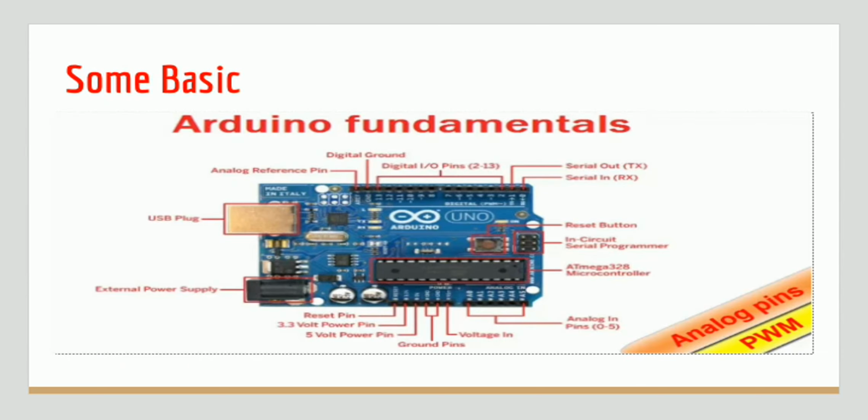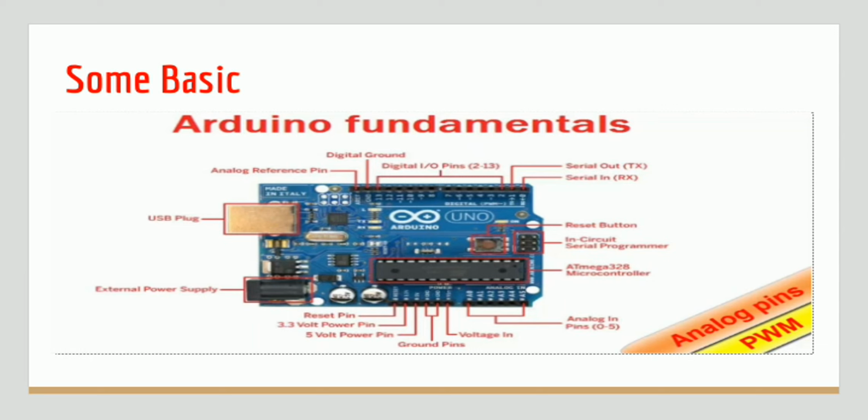Now let's talk about some basic fundamentals. What components are present in Arduino? Like I said before, Arduino is a microcontroller. It can control the operations. Then what are the components? Just underline that word. There are many components combined in a single Arduino board.